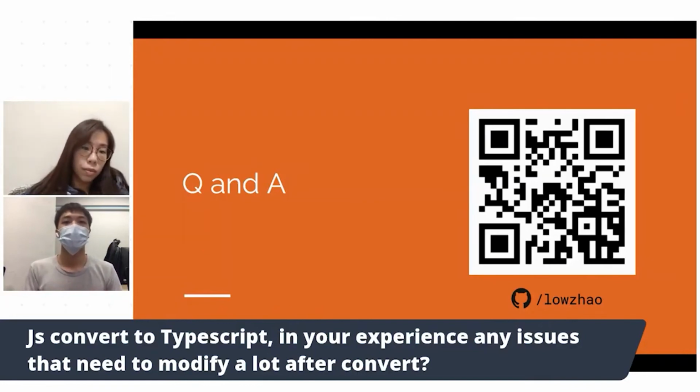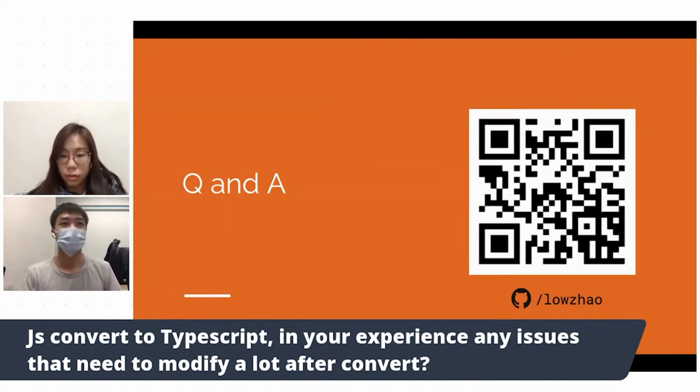Because type hinting helps you develop faster later. You can just tab through most of the code, right? So I think there's no problem converting from JavaScript to TypeScript. You can install more libraries and npm packages with the @types prefix, but I would recommend that if you have classes and all those things, try to document them and use the TypeScript hinting. That is the most important thing for TypeScript.